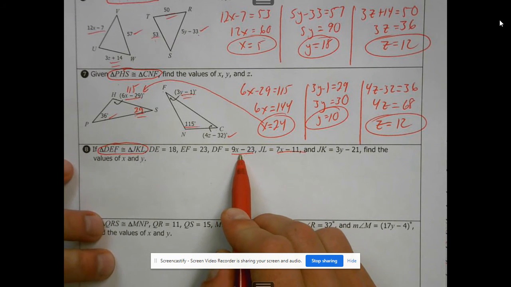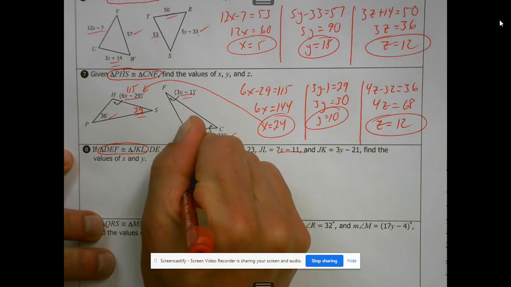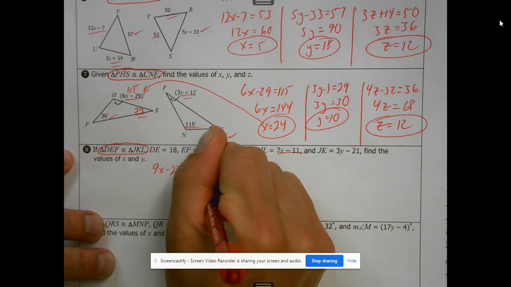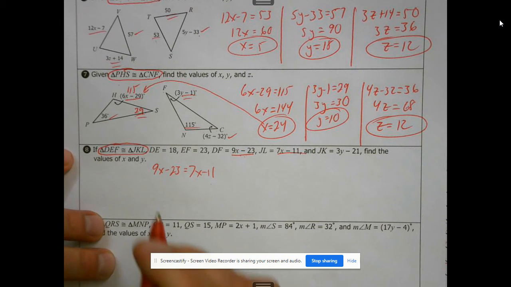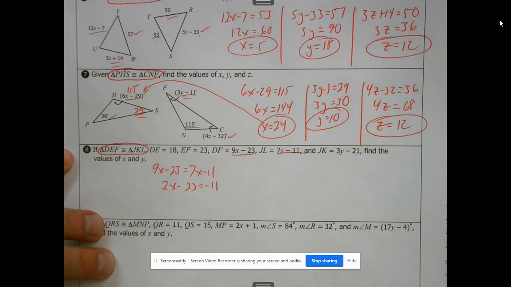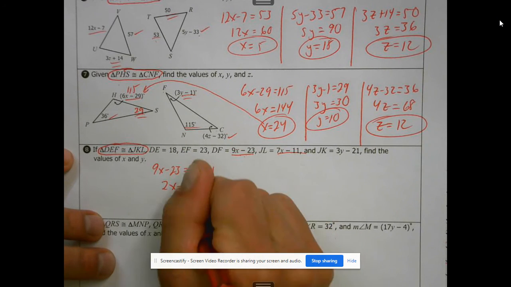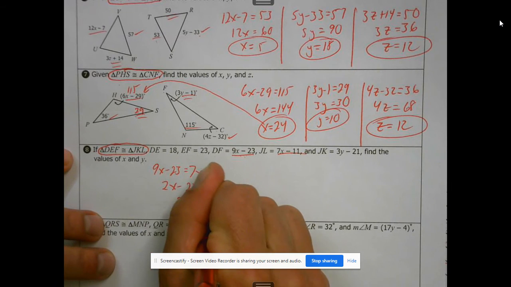So set them equal to each other. 9x minus 23 is 7x minus 11. Subtract 7x. Add 23. That gives me 12. And then 2 goes in there 6 times.